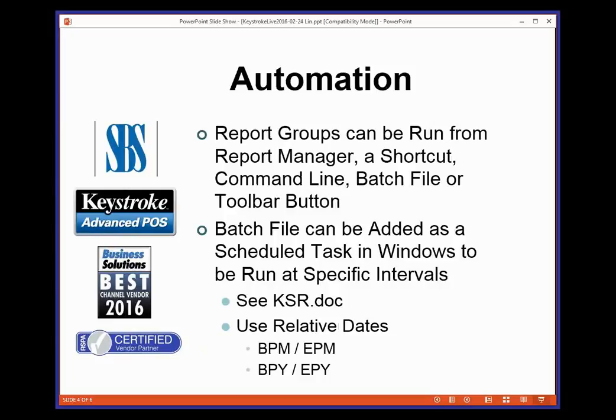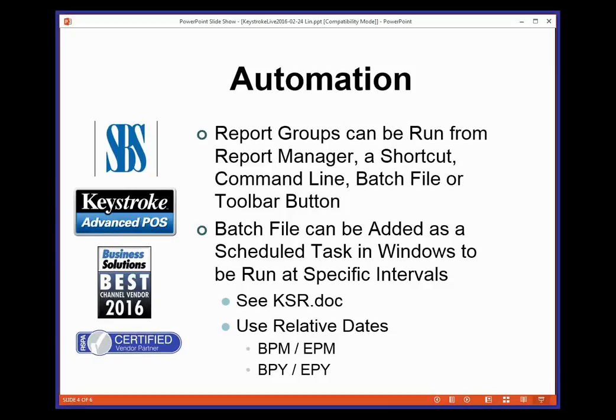For automation, besides running from Report Manager, you can have a shortcut on your desktop to run a particular report. Usually that's in the form of a batch file. You can just run it from a command line, typing something in from a DOS prompt, or you could set up a toolbar button to run a report or a group of reports.